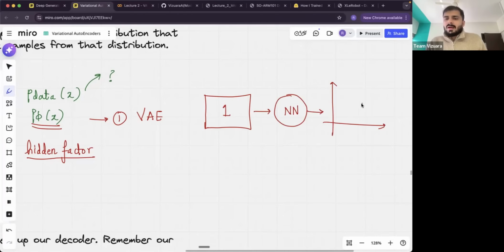So I want to predict where this point lies in Z1 and Z2 space. Not just that, the word variational autoencoder comes because we are not predicting Z1 and Z2, but we are predicting the distribution around this.